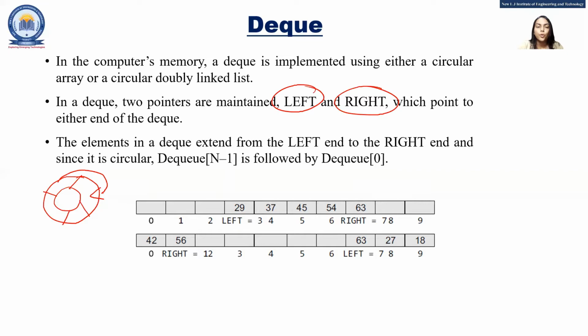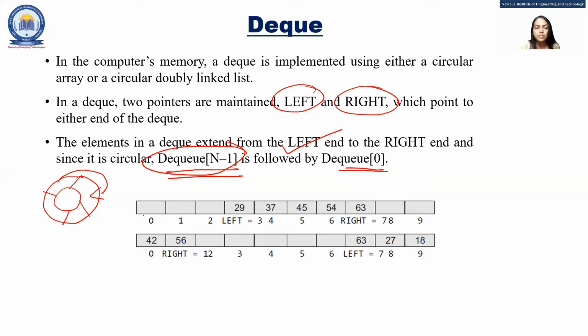In DQ, two pointers are maintained, left and right, which point to either end of the DQ. Elements in a DQ extend from the left end to the right end, and since it is circular, after DQ n minus 1, the last is followed again by DQ 0.